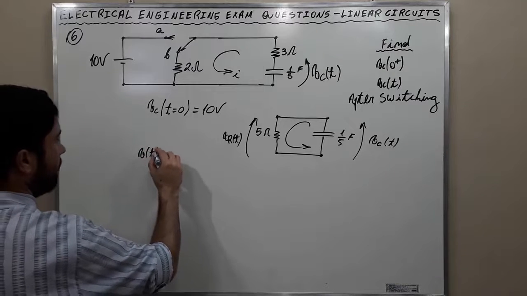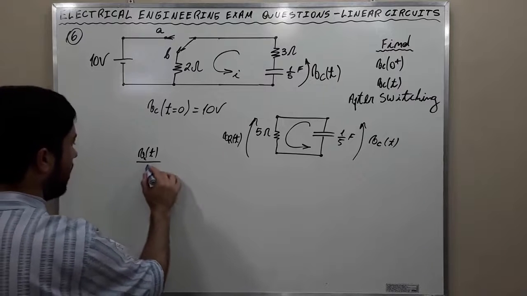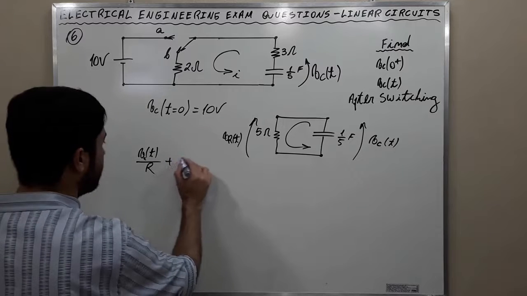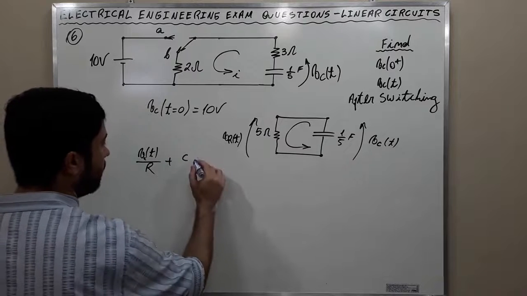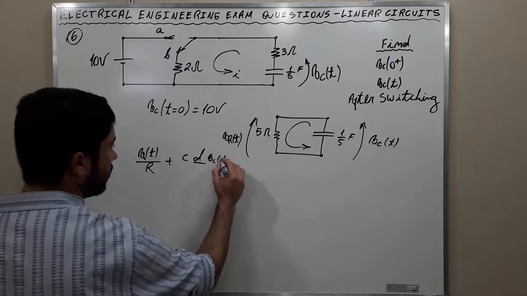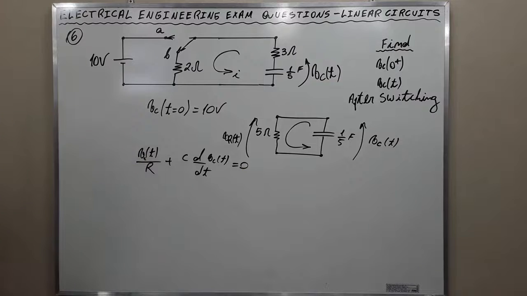V of t, the capacitor voltage, over R, plus C, the derivative of the capacitor voltage with respect to time, has to be equal to 0. This is the differential equation that we are going to work with.